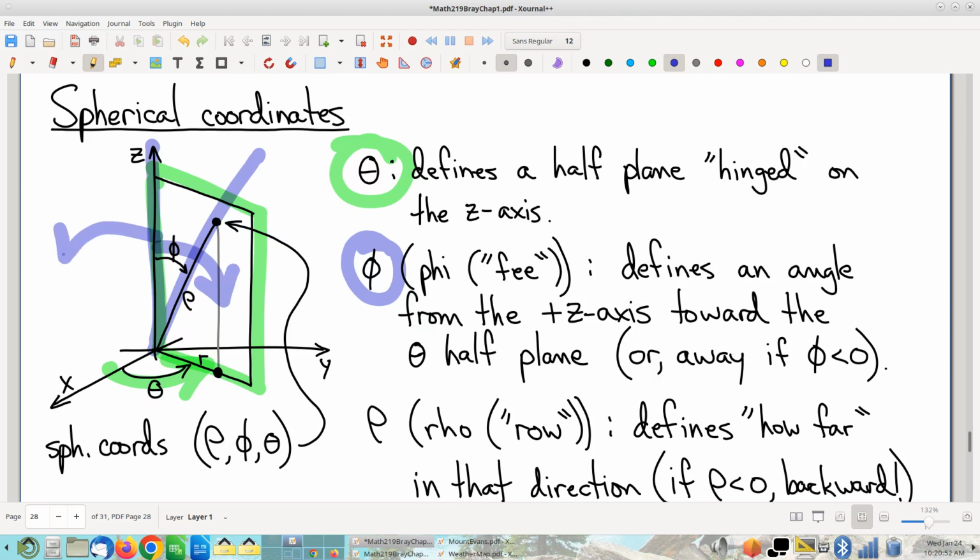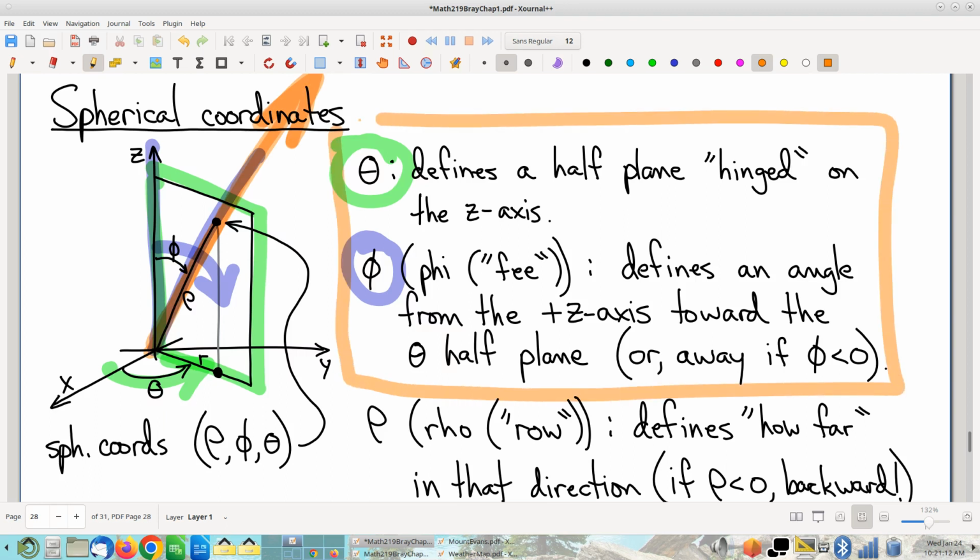If you go back the other way, that's okay, but that's where phi is negative. So positive toward the theta half plane, negative away from the theta half plane. These two together define a direction.